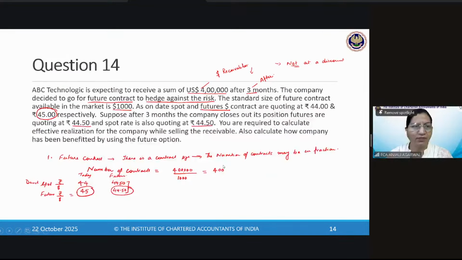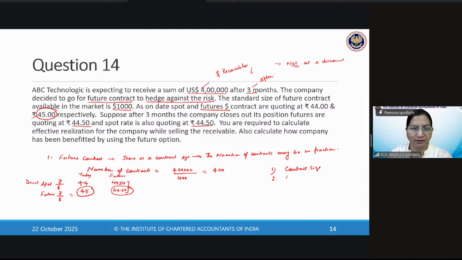Why have we been able to fix this 45? This is for two reasons. Number one, the contract size was perfect. No fractions here. Had this been 400 point something, you would not have got exactly the rate of 45.